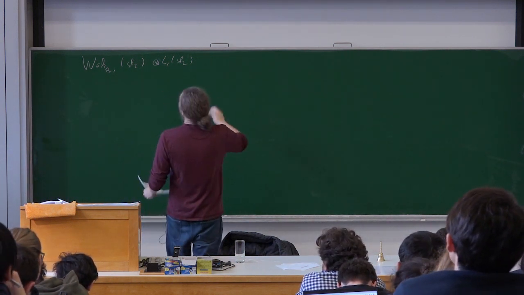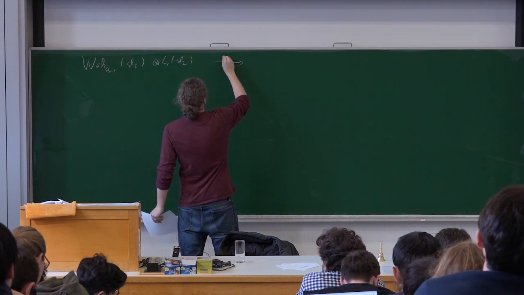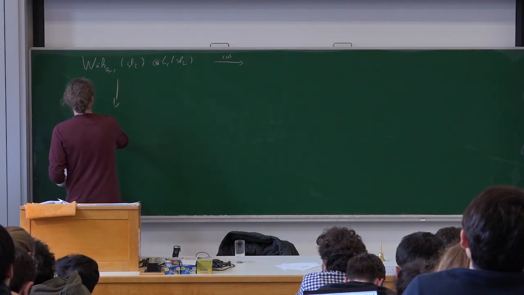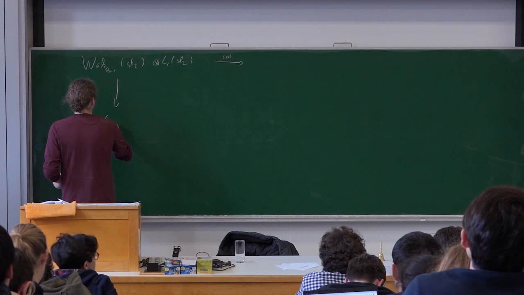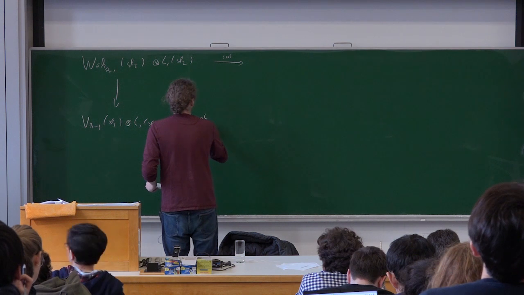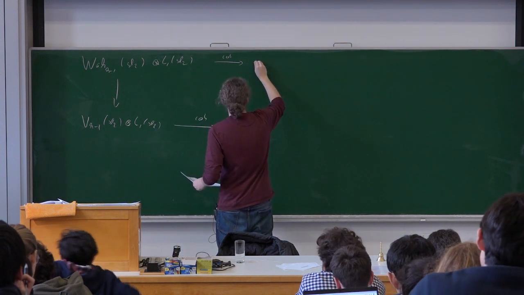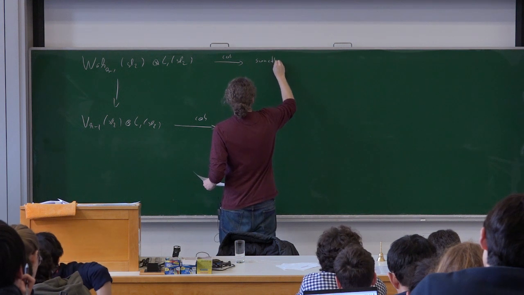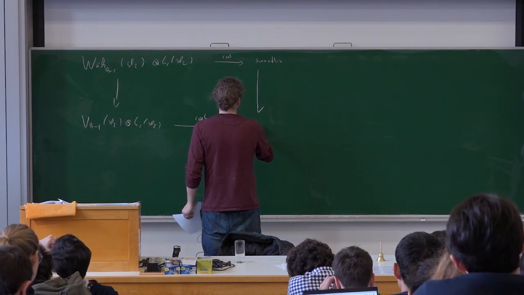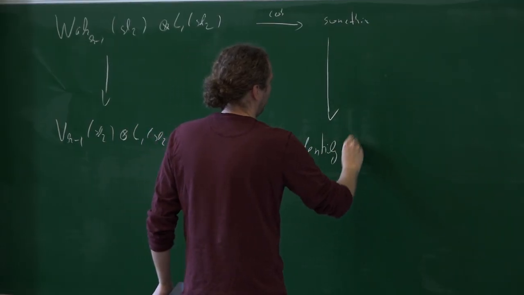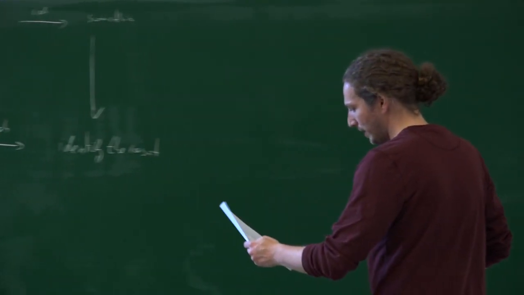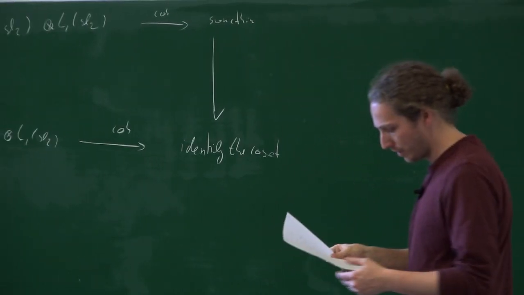So now we want to take the cohomology here again, but here we can go down to our affine VOA and take the cohomology, and here we can identify the coset.